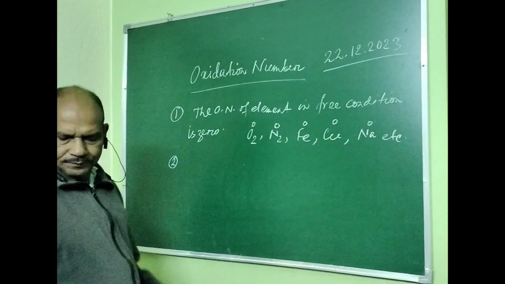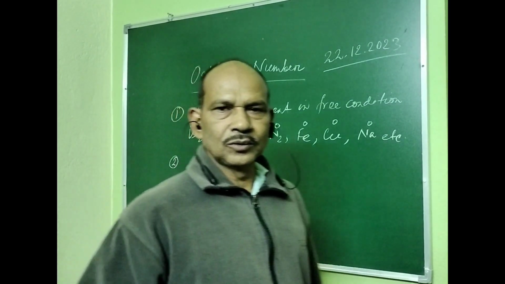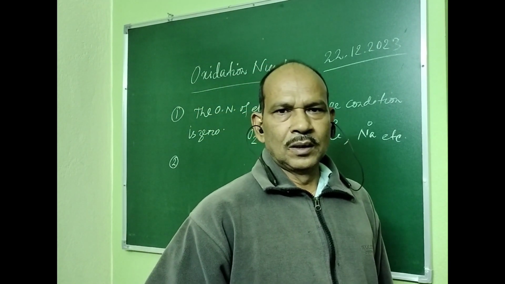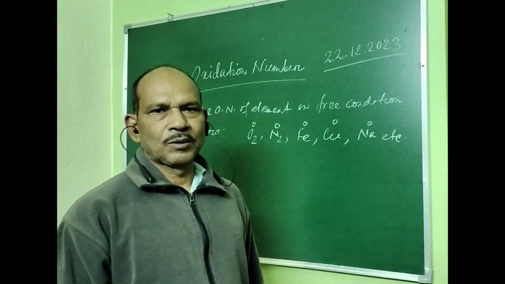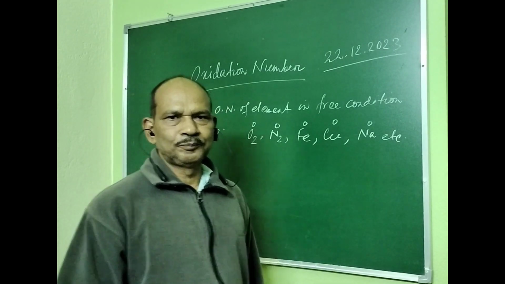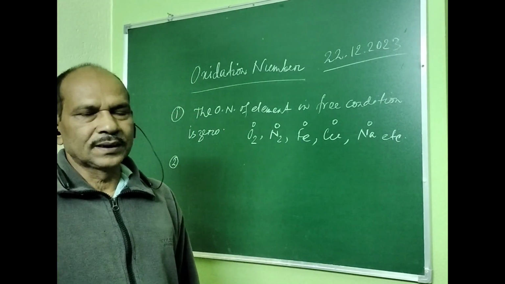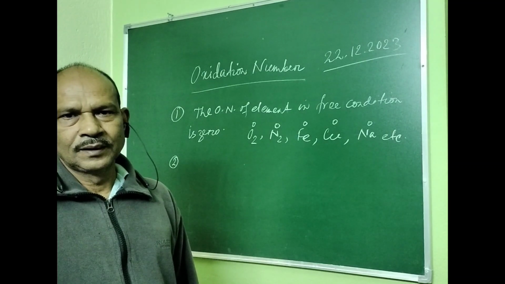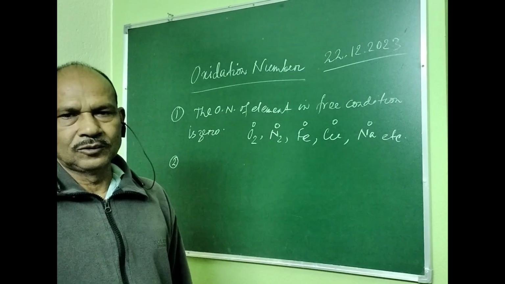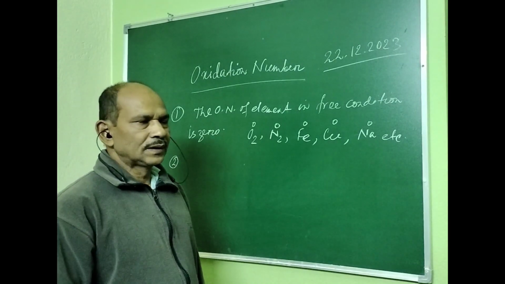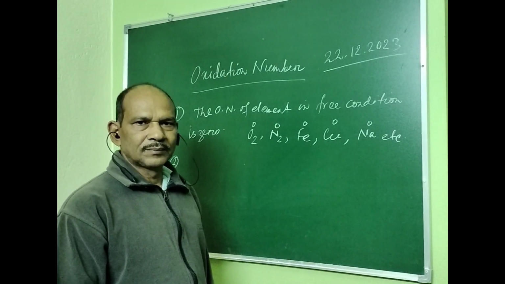Number 2 is in ionic compounds. If the ion is formed from a single element, in those cases the charge of the ion is the oxidation number of that element.